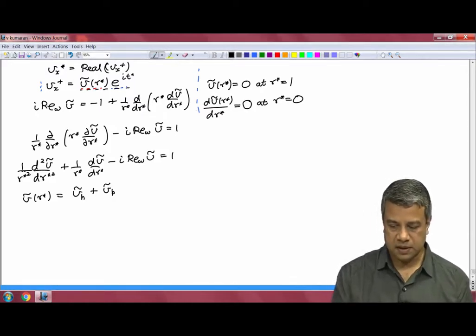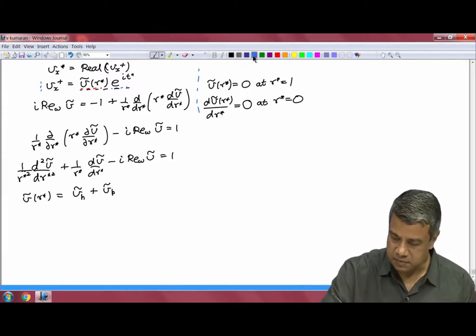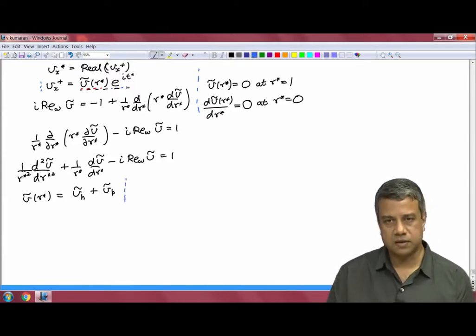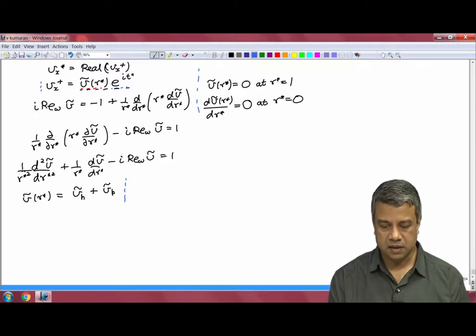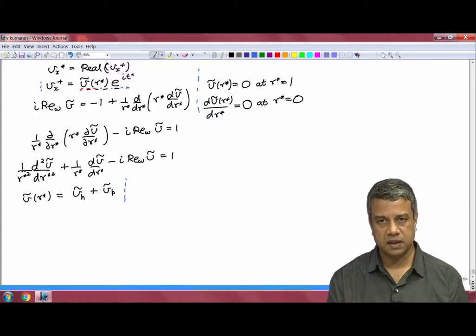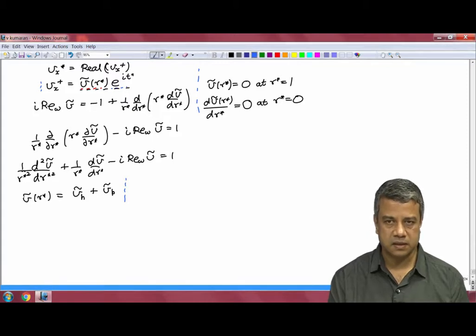In this particular case, the simplest possible solution for the particular solution is just a constant, because if you assume that this V p is a constant, then the first and second terms on the left side turn out to be equal to 0 because they are derivatives. And therefore, any constant that satisfies this equation can be a particular solution.